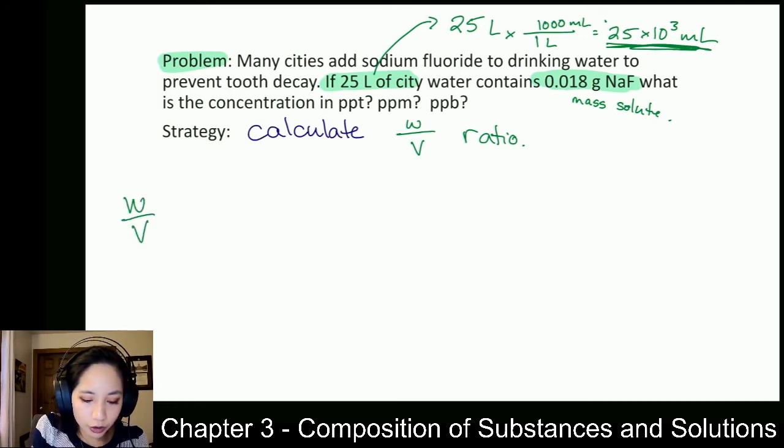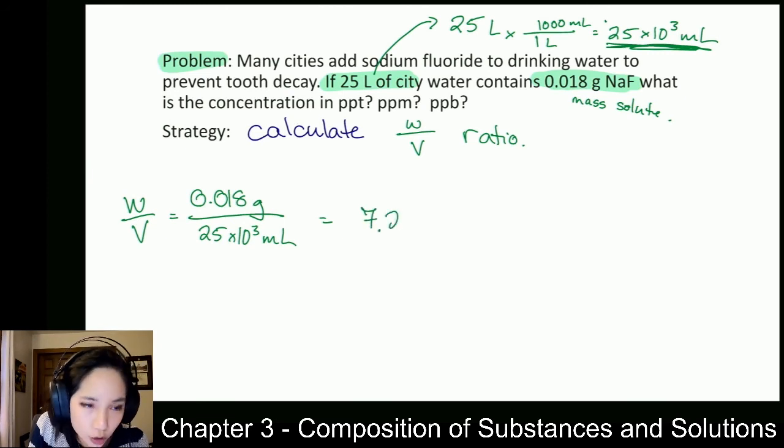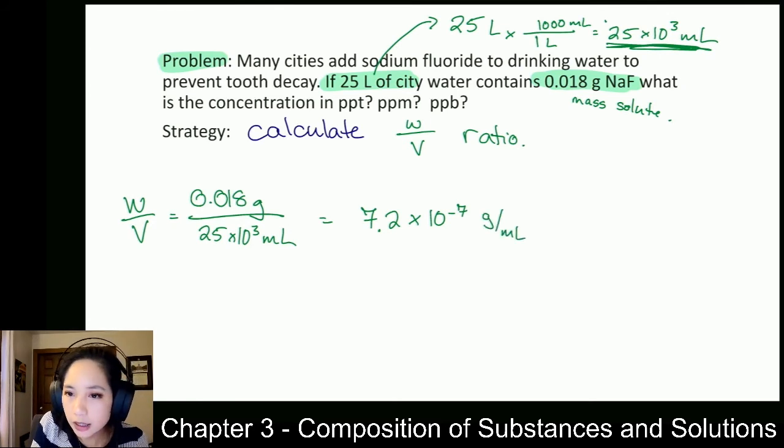So our weight over volume will equal 0.018 grams over 25 times 10 to the 3 milliliters, which equals 7.2 times 10 to the negative 7 grams per milliliter. I guess that's the unit.